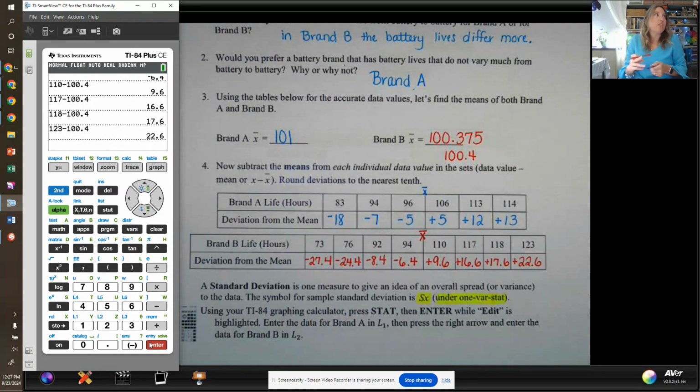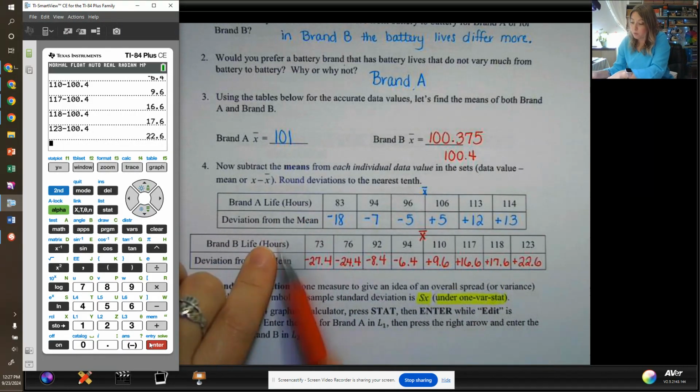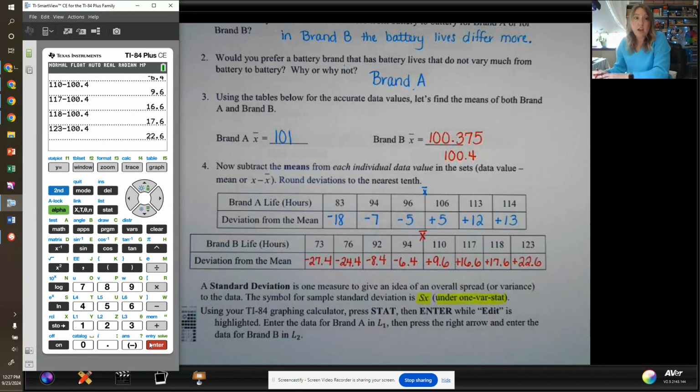Well, the graphing calculator has this wonderful ability to take all the deviations from the mean for each of our data sets, and it gives us what we would consider a normal distance from the mean, okay? And that normal distance from the mean gives me a range that most of my data will fall in. In fact, 68% of that data will fall between one standard deviation on each side of the mean.